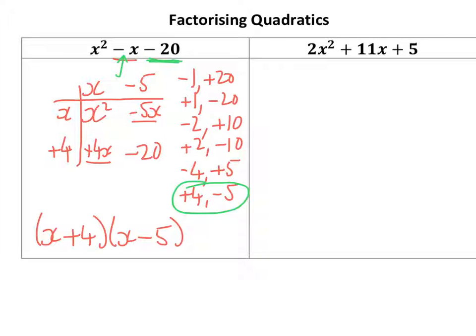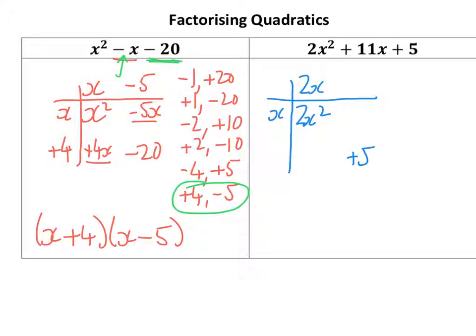So there you go. Now, the second one is a little bit trickier because we've got a 2x squared. All that means, and you probably spotted it yourself, is that we're going to have a 2x and an x. It doesn't really matter which way around they go, just like in the first one, it didn't matter which way around the minus 5 and the plus 4 went.